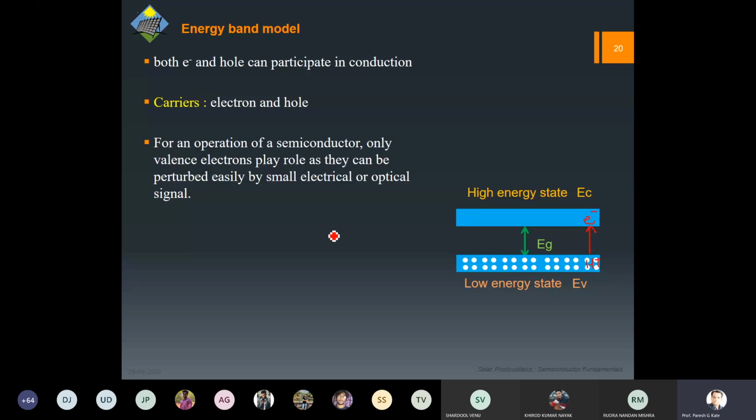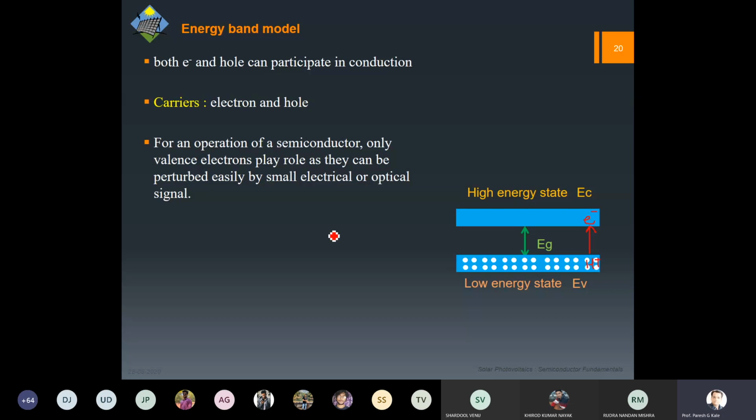For operation of these semiconductors, both play a role, and either we give an electrical signal or an optical signal, we can perturb them and transfer electrons from valence to conduction. In a simple sense, we can create EHPs electrically or optically.